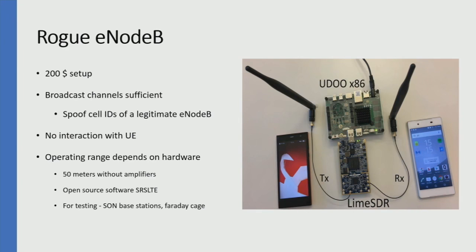For our testing, we also collected maybe 3 or 4 different SON base stations and tried to perform our attacks and study how these base stations behave. So we tried to build our own real SON network and operate the attacks on that, because you cannot do this kind of stuff on commercial networks. It creates a lot of problems. So we could do it, but yeah.